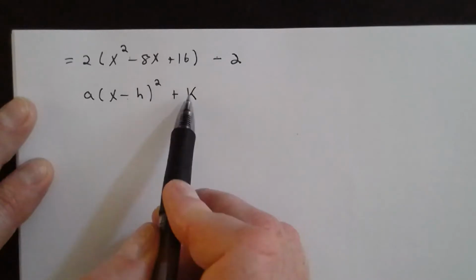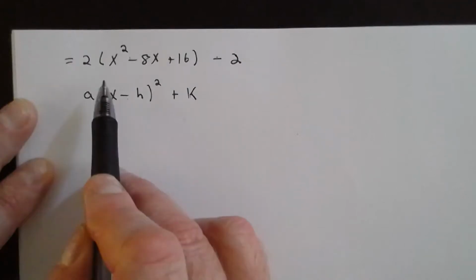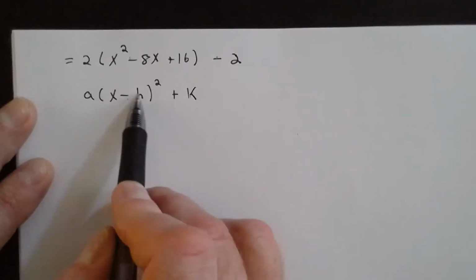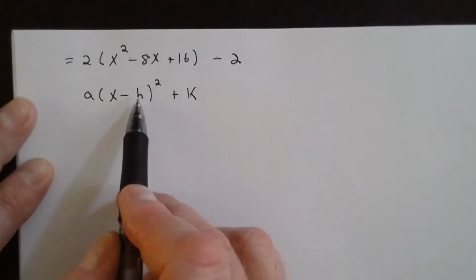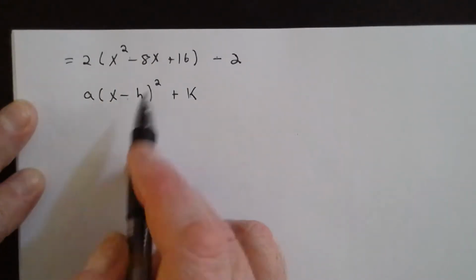So we have to ultimately get this particular form here. Well, we have our K and we have our A. We need to get the X minus H. We need to get this into this, and we can do that by grouping.